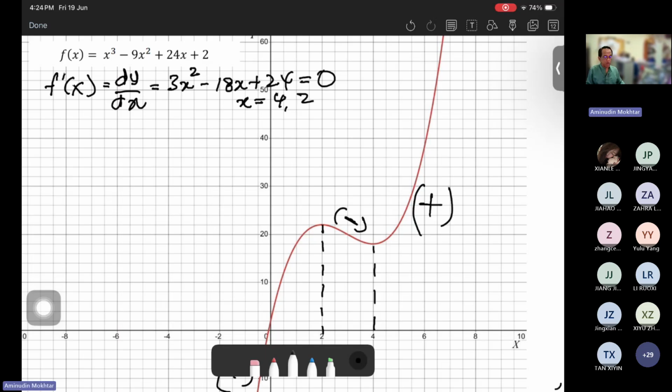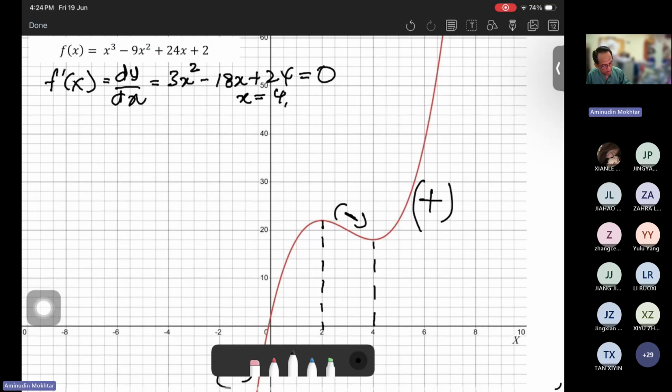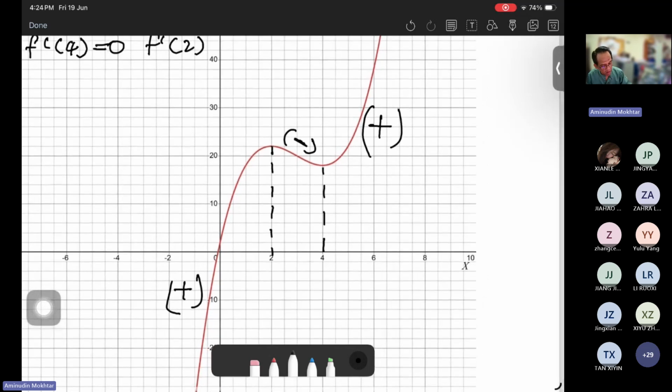This shows that when x equals 4, the slope of the function is 0 at this point. When x equals 2, at this point, the first derivative is also 0.